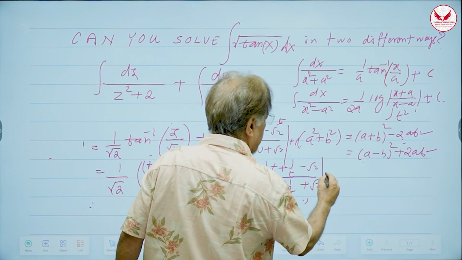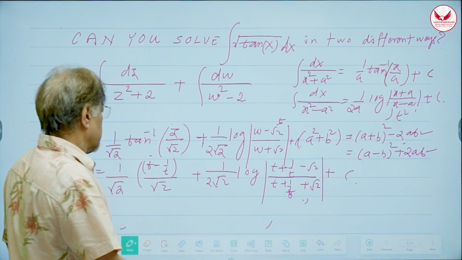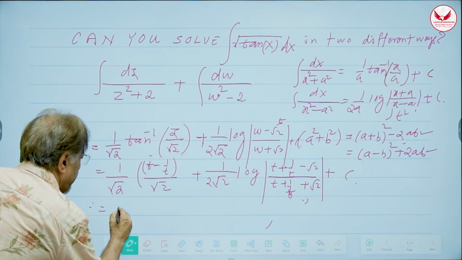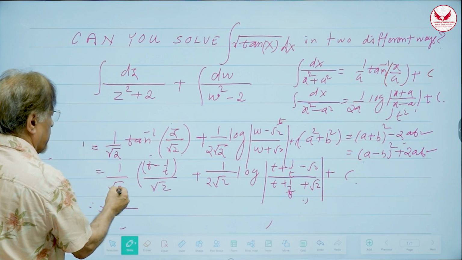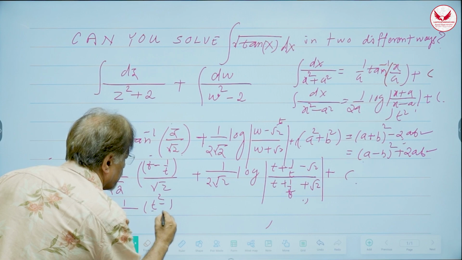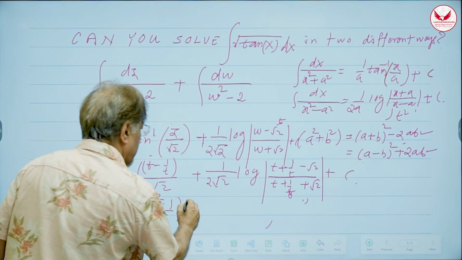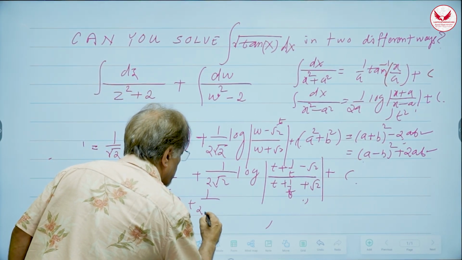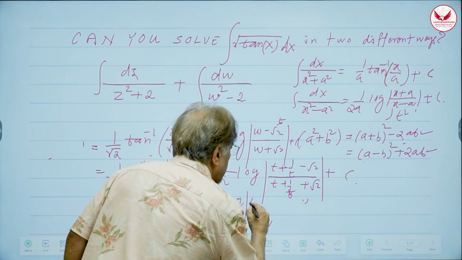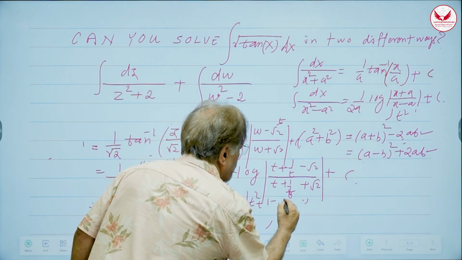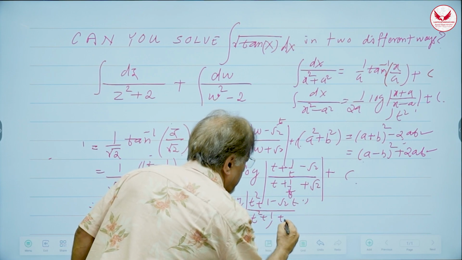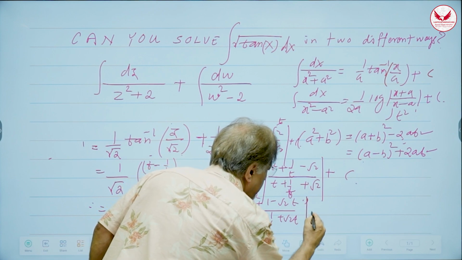Okay? Plus c. Of course, this can be further simplified as 1 upon this root 2, and this root 2 becomes 1 upon 2. So this becomes t square minus 1 upon t, right? And this becomes 1 upon 2 root 2 log of t square plus 1 minus root 2t divided by t square plus 1 plus root 2t plus c.